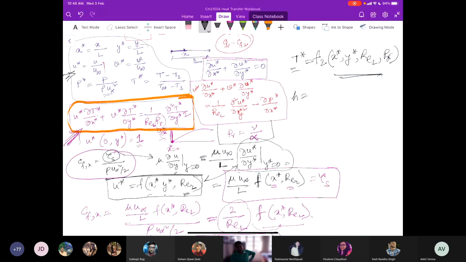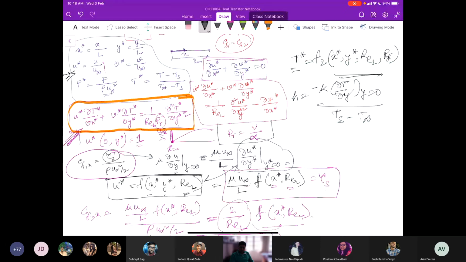Now, if you think of the definition of h, the convection heat transfer coefficient, what we wrote is minus del T by del y at y equals 0 divided by Ts minus T infinity.